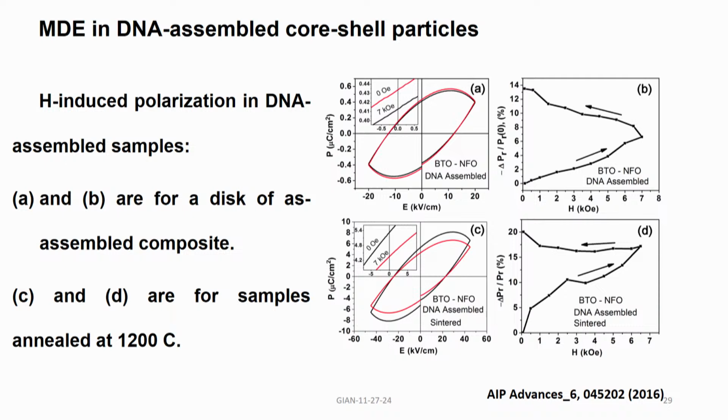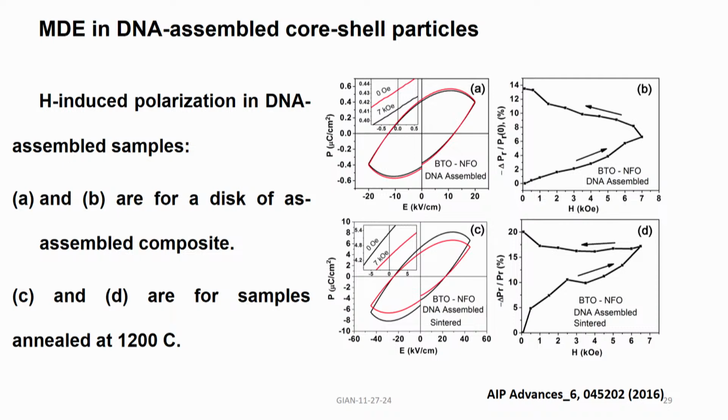There is an increase in the fractional change with increasing static field. Then it goes up to a maximum of around 7%. For decreasing field, the value keeps increasing until it reaches about 14%. This is for the barium titanate, nickel ferrite, DNA assembled disk.